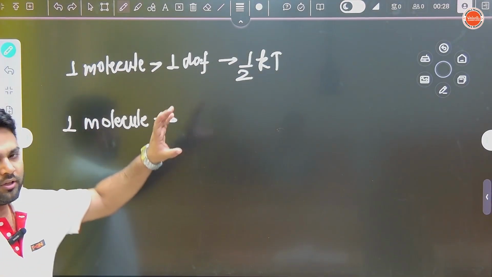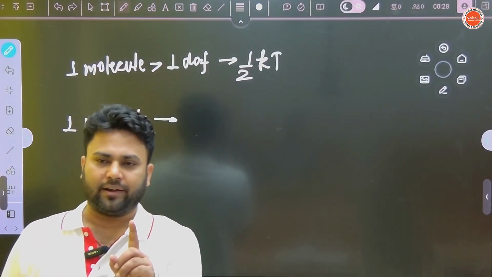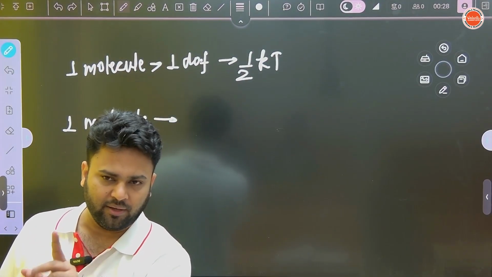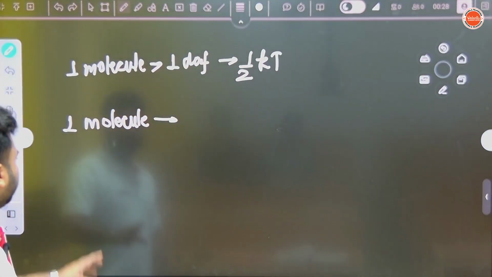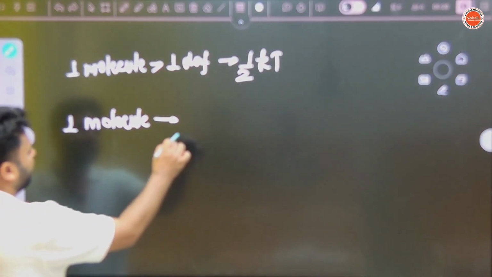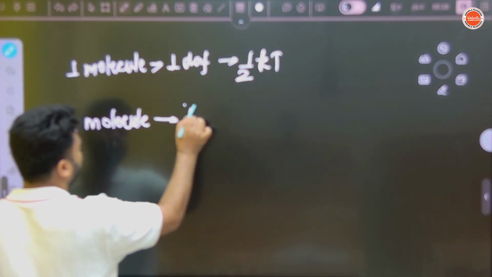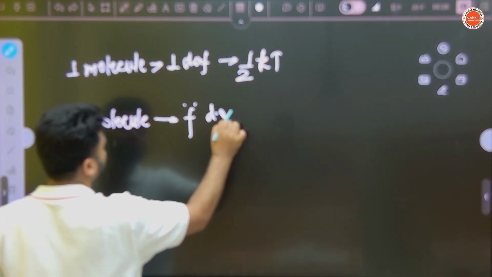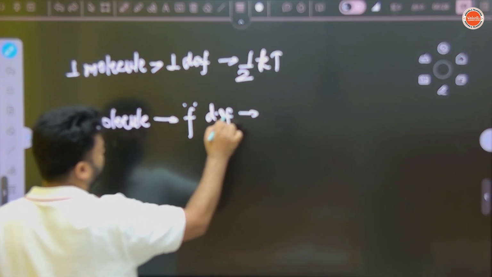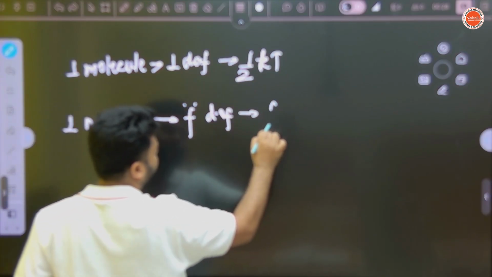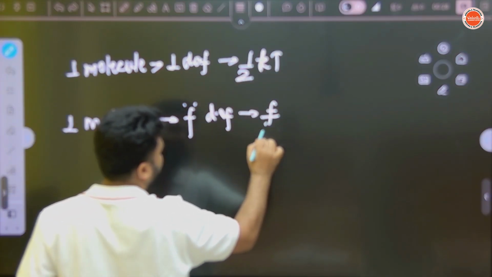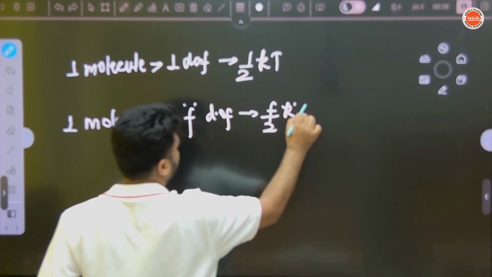So if there is one molecule and it has f degrees of freedom, its energy will be f by 2 kT.